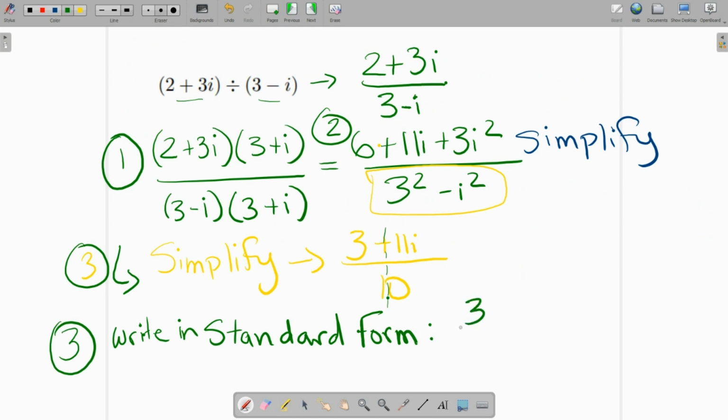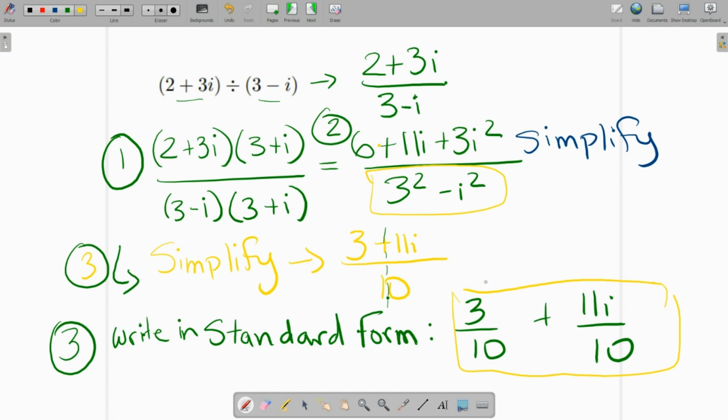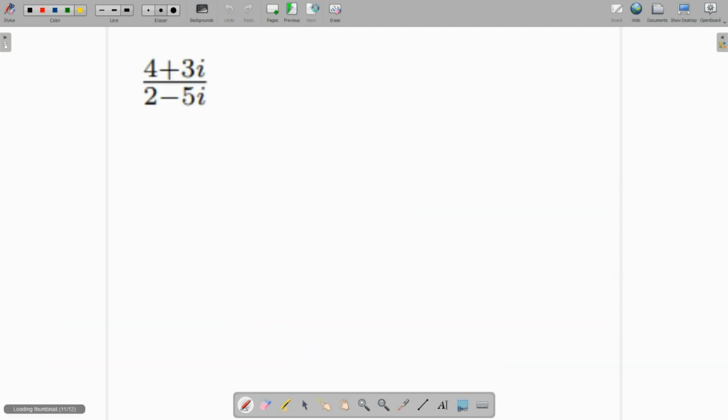So we'd get 3 over 10 plus 11i over 10. And we are finished. That is our complete answer: 3 over 10 plus 11 over 10i.